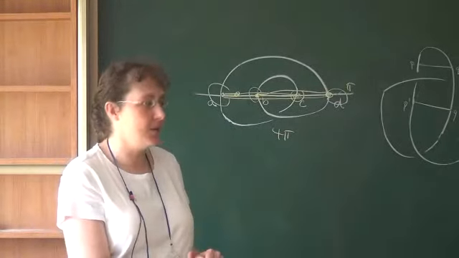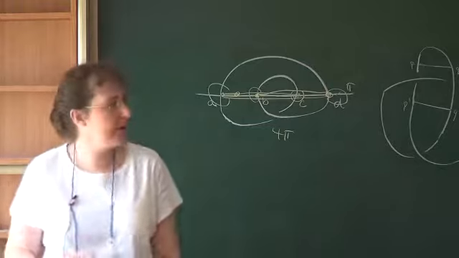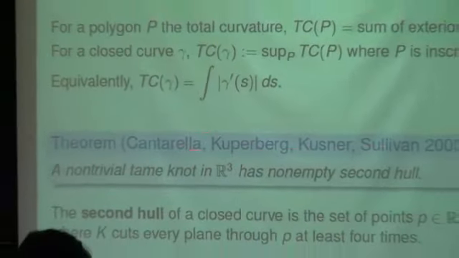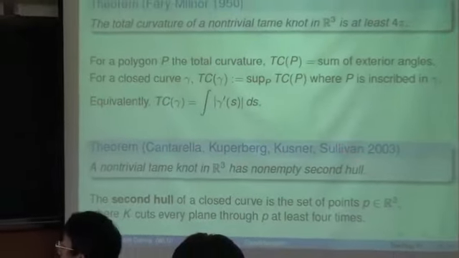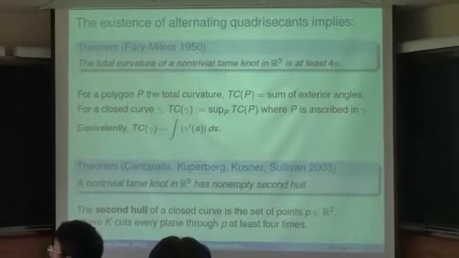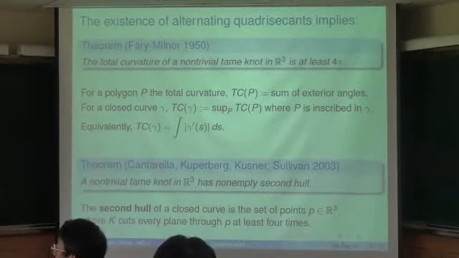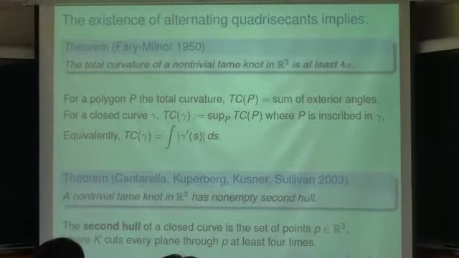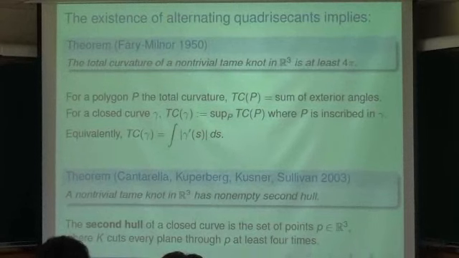Another result, in fact, why Greg Kuperberg was interested in quadrisecants, I think I was talking with him, and John Sullivan was my PhD advisor when we were talking about this. So every non-trivial tame knot has non-empty second hull. So you know the convex hull, it's just a familiar object.